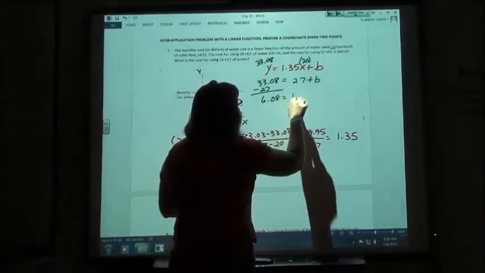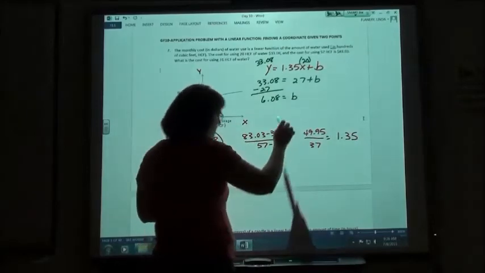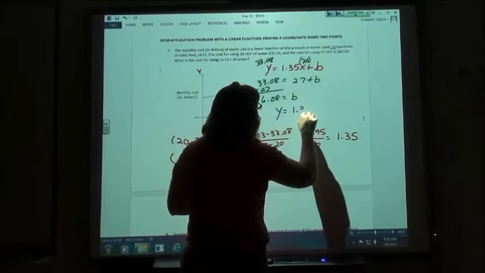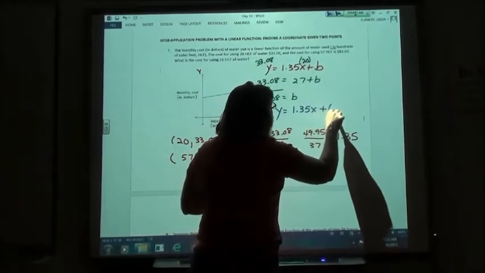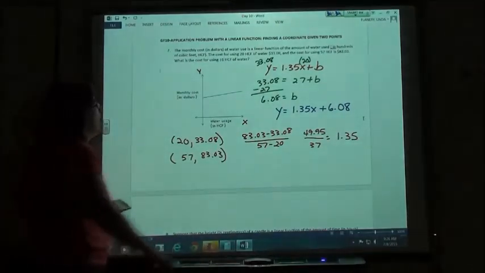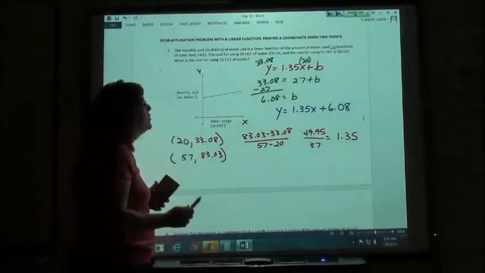I get 6.08. So my equation is y equals 1.35x plus 6.08.